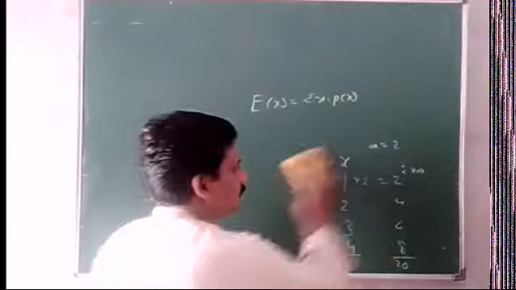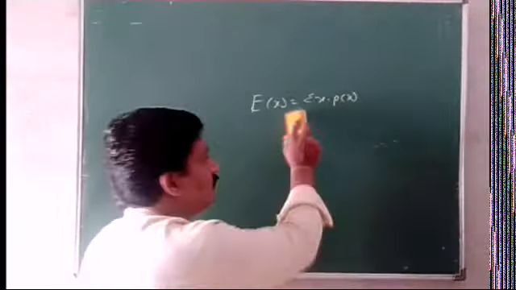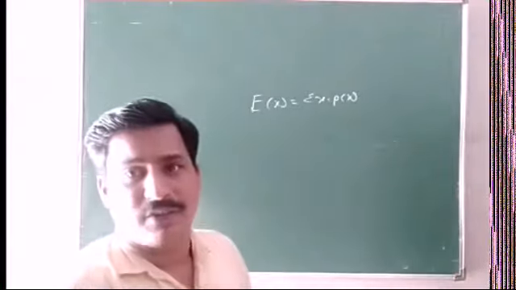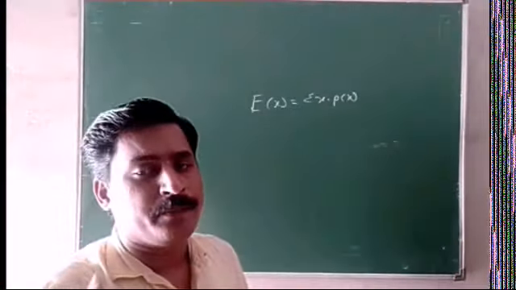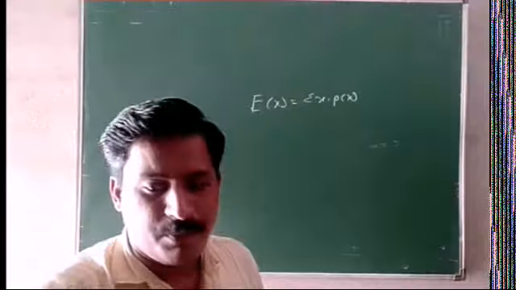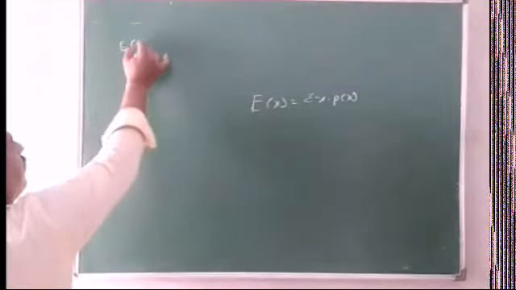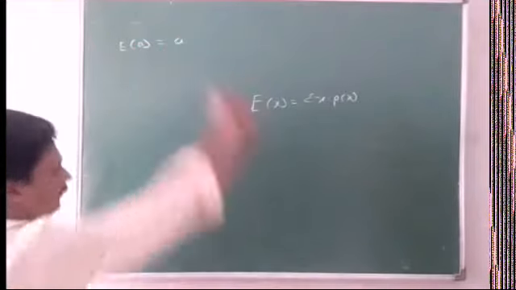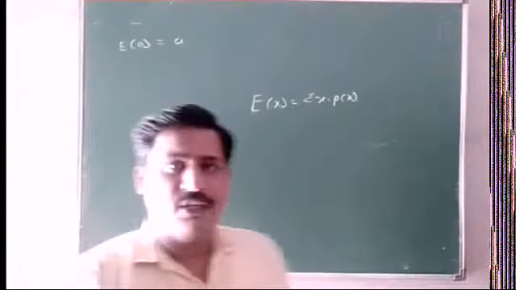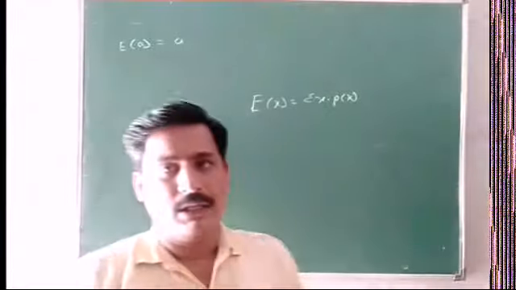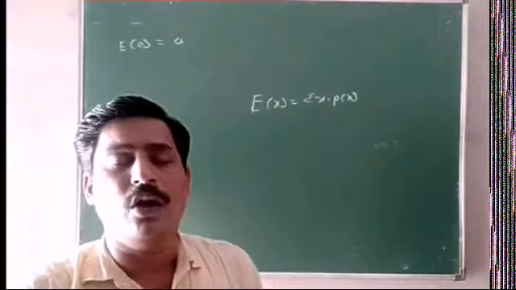First one, taking into account the expectation of x formula, E of x is equal to summation x into P of x, the first one is E of a is equal to a. First thing we need to prove is E of a is equal to a. Now how to prove this?